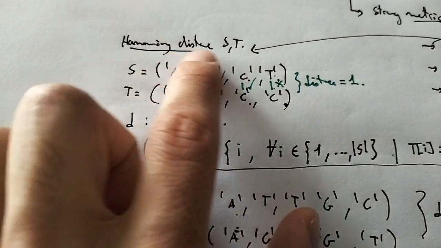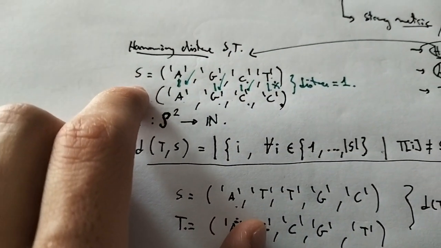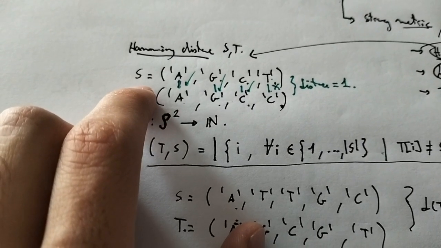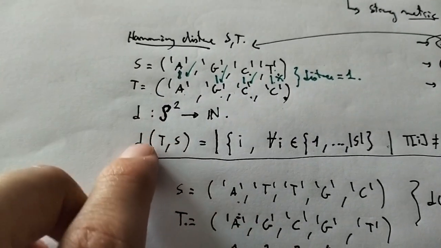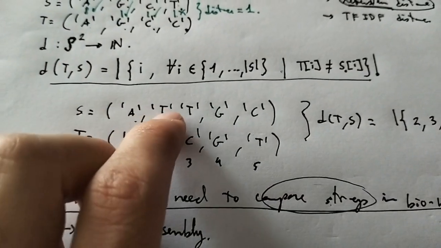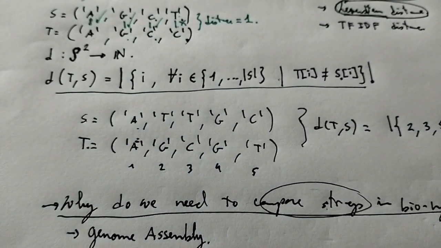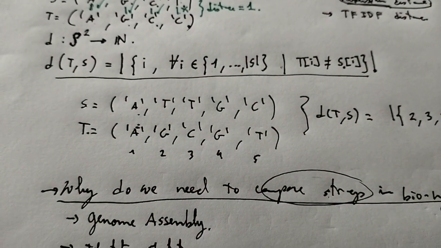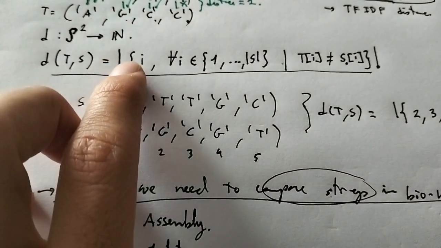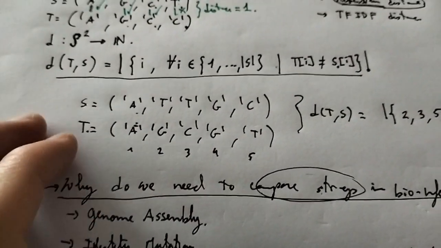It only works for strings that have the same size. Here, for example, s and t both have a size of 4 characters. And the idea of the Hamming distance is simply to create the set of positions where the two strings differ. And then the distance is simply the cardinality of this set.